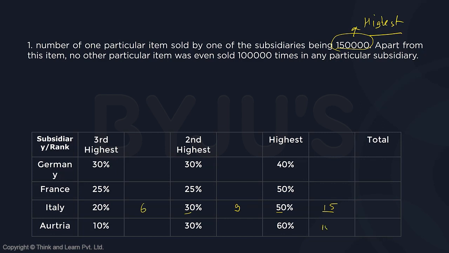If this is equal to 15, so half of that will be 7.5, not possible. So can I say the value which is 1,50,000 must be this, and this will be 90,000, this will be 60,000 according to that. At least for Italy we have fixed the highest, second highest and third highest.